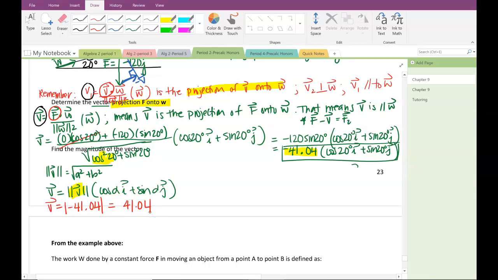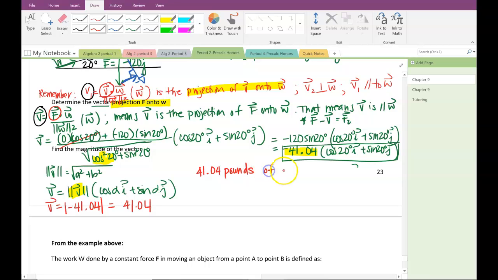Now, make sure we use the correct unit of measurement. So how much force do I need to keep my kids from rolling down the hill and getting crushed by the cars? So 41.04 pounds. Force is measured in pounds.